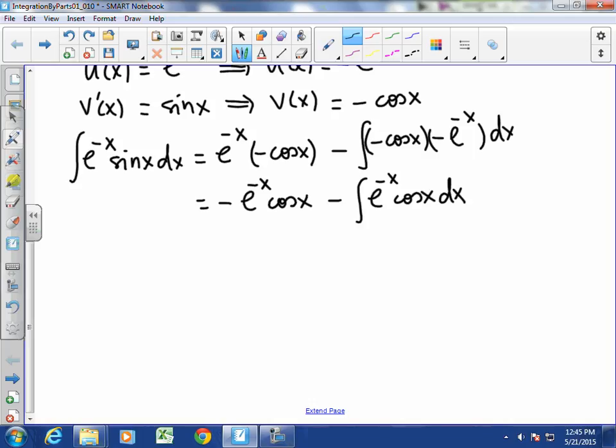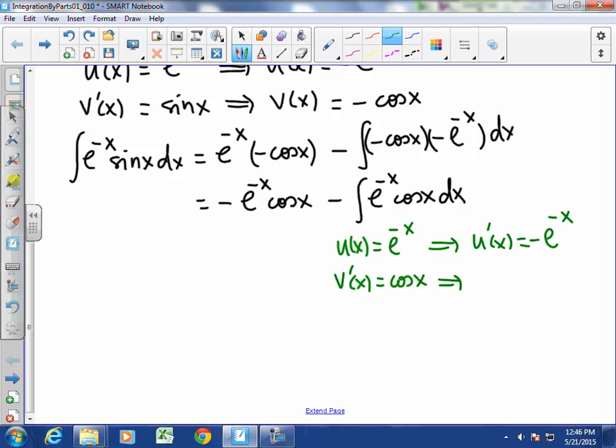So what we did for the previous integral, we can do the same thing here to get the integral of e to the negative x cosine x. At this point we set the new u of x to be e to the negative x. That means u prime of x is negative e to the negative x, and the new v prime of x is cosine x.